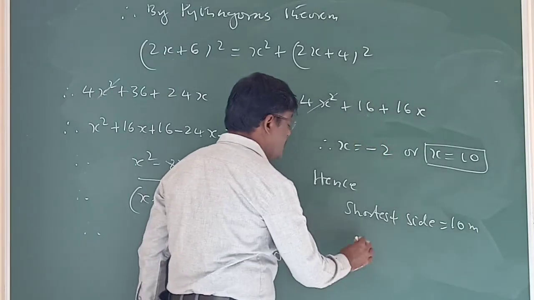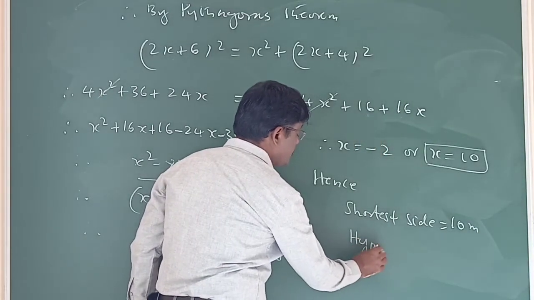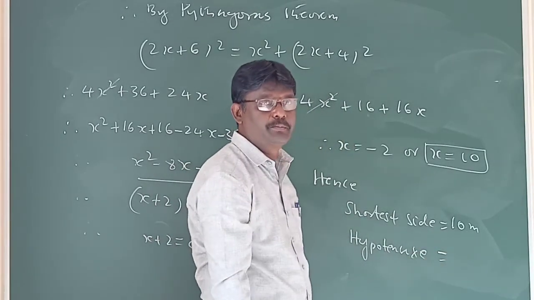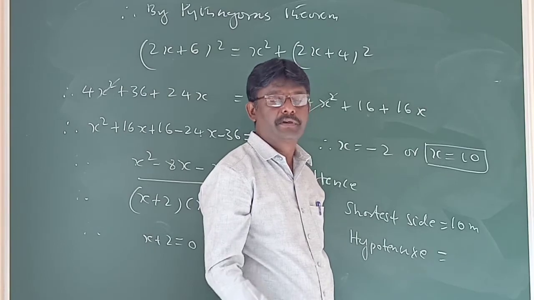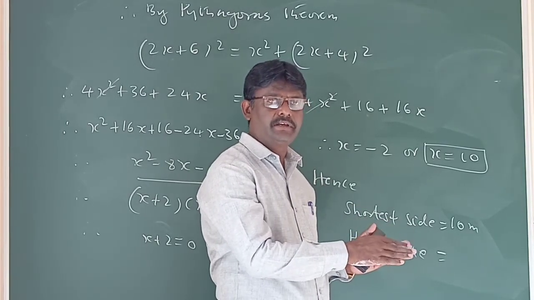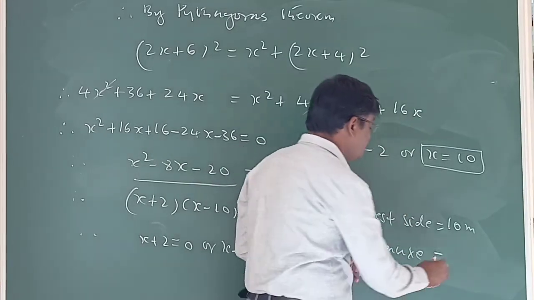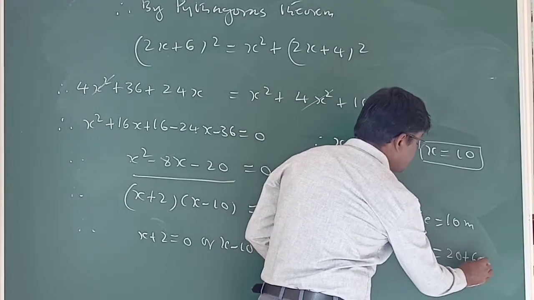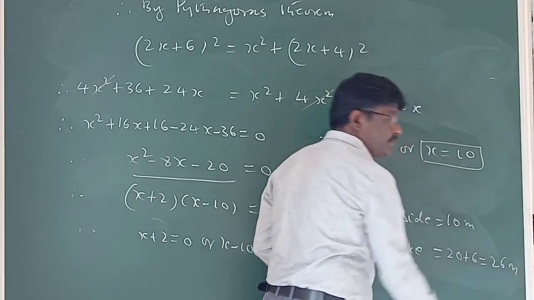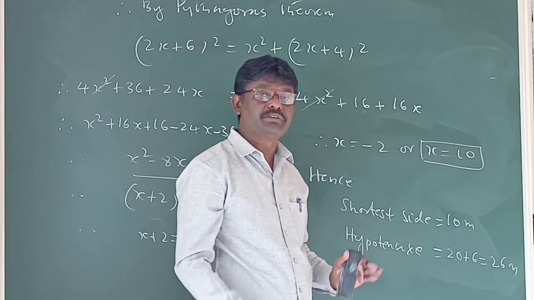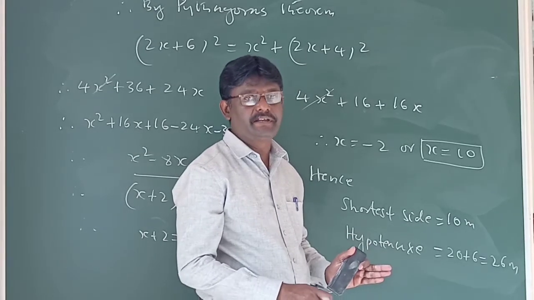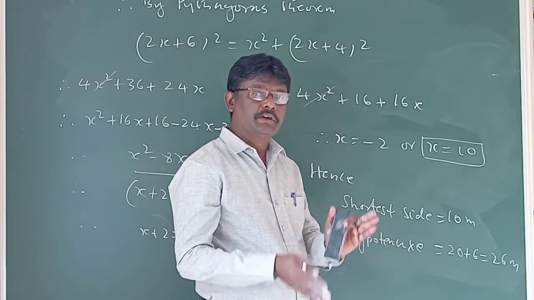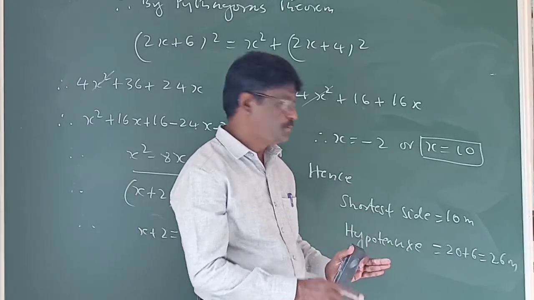Next, the hypotenuse. The hypotenuse is 2 times the shortest side, and then 6 more. Therefore, 2 into 10, 20 plus 6 equal to 26 meter. Next, what about the third side? The third side is 2x plus 4. That means it is 2 meter less than the hypotenuse.